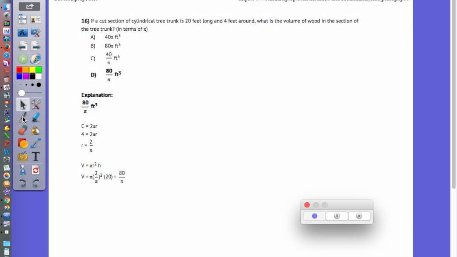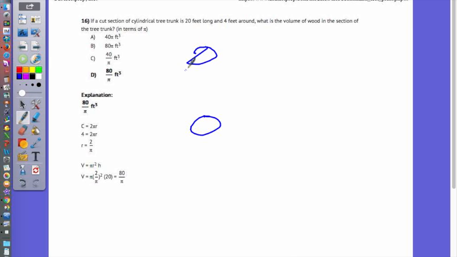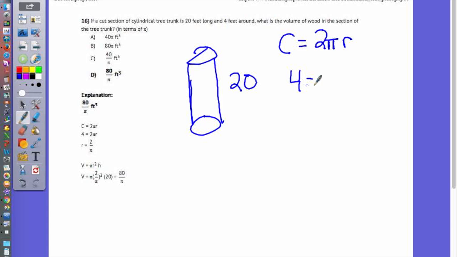Okay. So, basically what we're saying is it's a very bad drawing, but we have a tree trunk. It is 20 feet long. 4 feet around means that's the circumference. I need to find the radius in order to do this problem. The circumference equals 2 times pi times the radius, and the circumference here is 4.